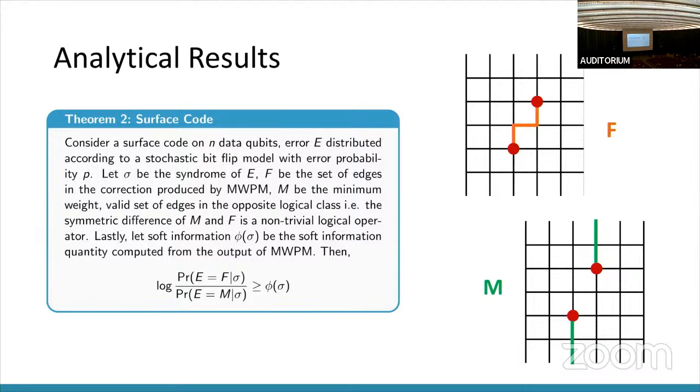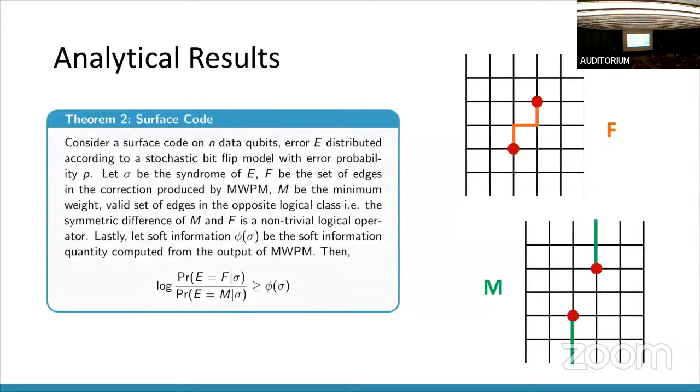And so we have to show that the log of the probability that the error is the one that the decoder outputted over the probability that the error is the minimum weight one of the opposite logical class is greater than or equal to phi. One thing to note is that we also really wanted to show this with these logical classes, not just F and M. But hopefully this is a good approximation. Oh yeah, and again, pretend there's clusters around the red dots.